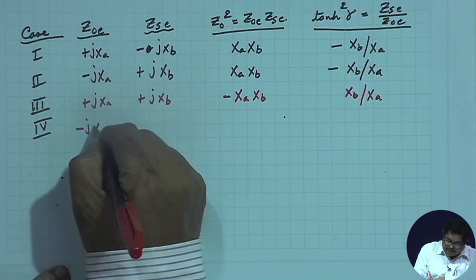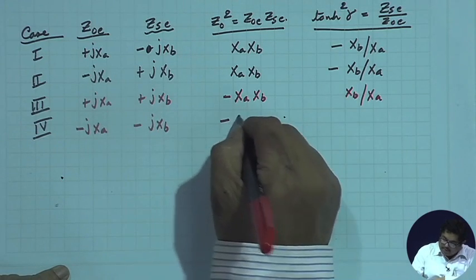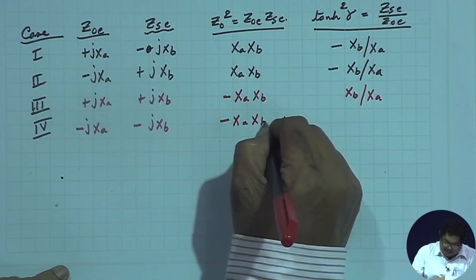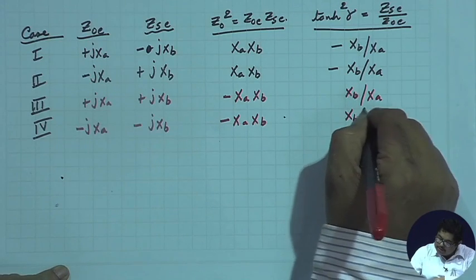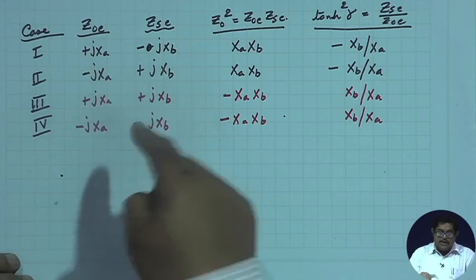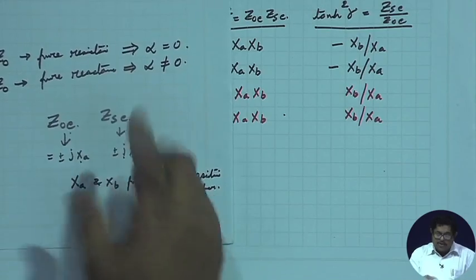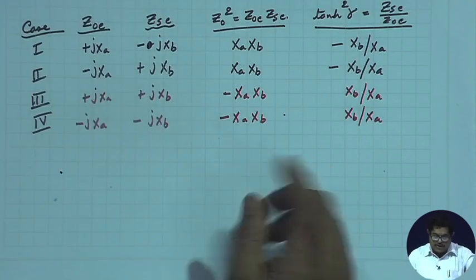This is minus jXA minus jXB, minus XAXB, XB by XA. So, you see, I said I have these possibilities. So, I have taken all permutations of these.